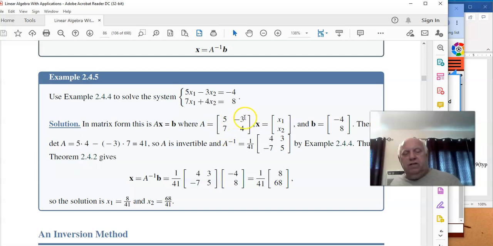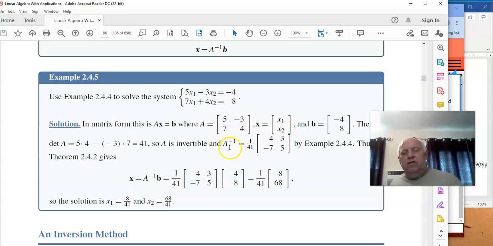Notice that A is this: 5, negative 3, 7, 4, so that's a square matrix. And the B over here is a column vector.